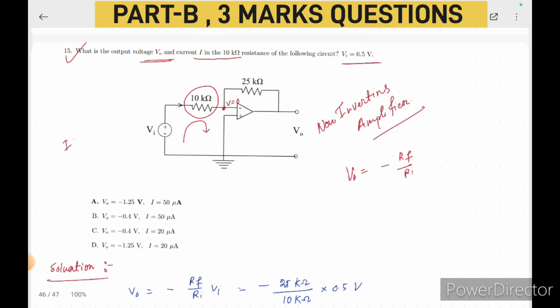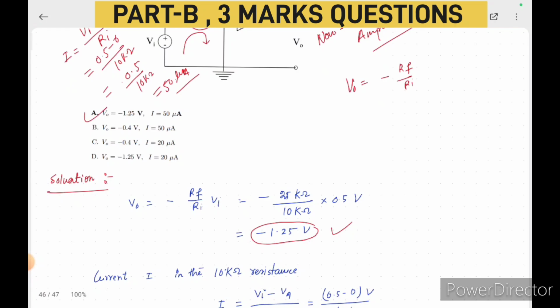So we get current I equals VI minus V0 upon RI, that is, 0.5 volt minus 0 upon 10 kilo ohm, so that is equal to 0.5 upon 10 kilo ohm. So that is actually 50 microampere. From this question, option A is the correct answer.